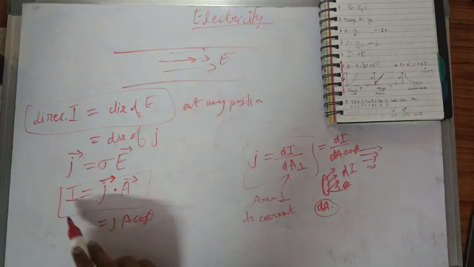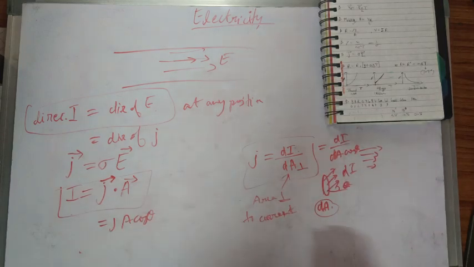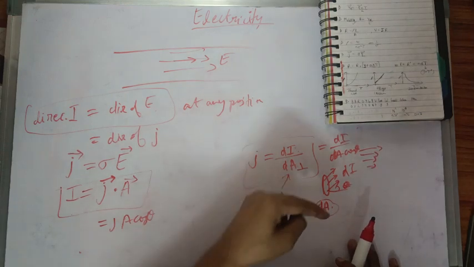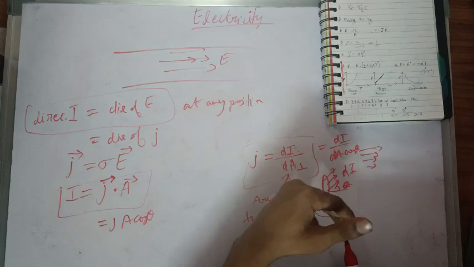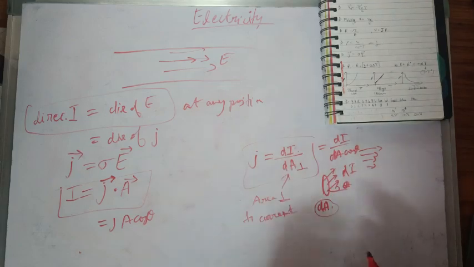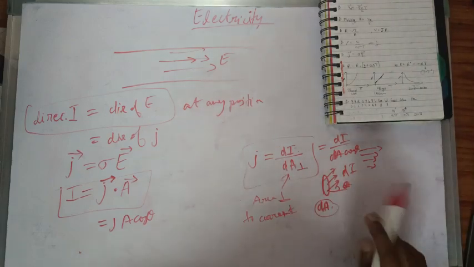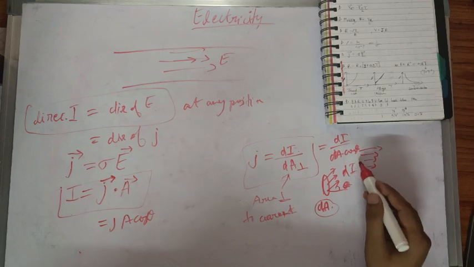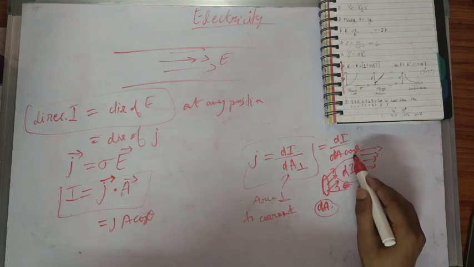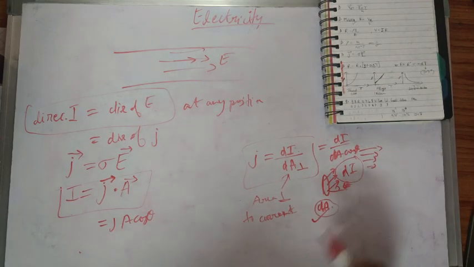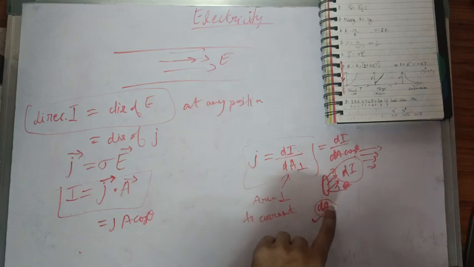Similarly, we can use this: I over A cos theta is J. So we have to take the component of the area which is perpendicular to the current vector. Note, we don't take the component of the current, but the area only. We have to be careful to take the component of area only, not the current.